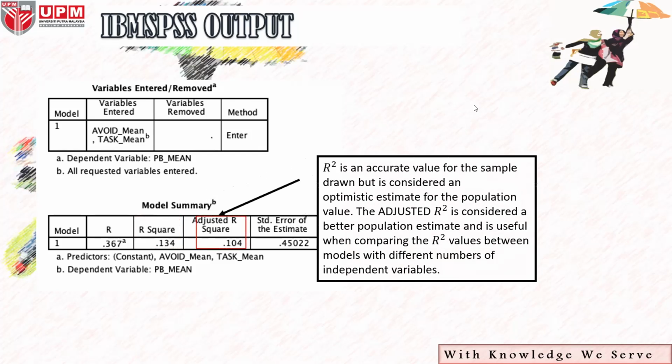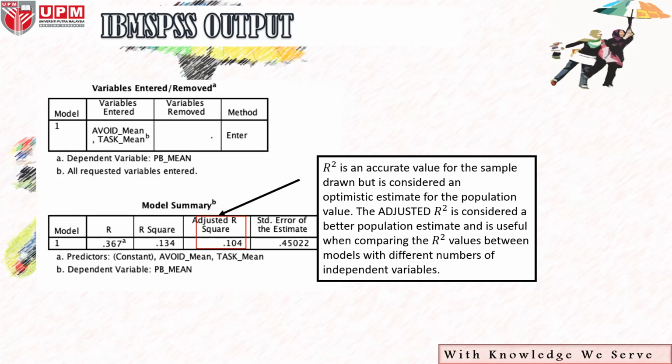Next, the adjusted R-square value. The R-square value that we reported just now is an accurate value for the sample drawn, but it is considered an optimistic estimate. Therefore, some researchers may prefer to use adjusted R-square, which is considered a better population estimate.